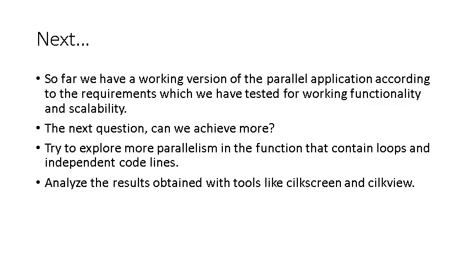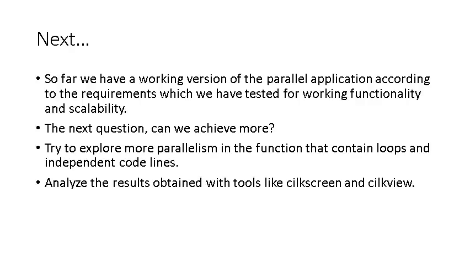In our next work we will try to explore different amounts of parallelism in the code by analyzing and trying to make use of the runtime system by increasing the number of tasks to be run in parallel.